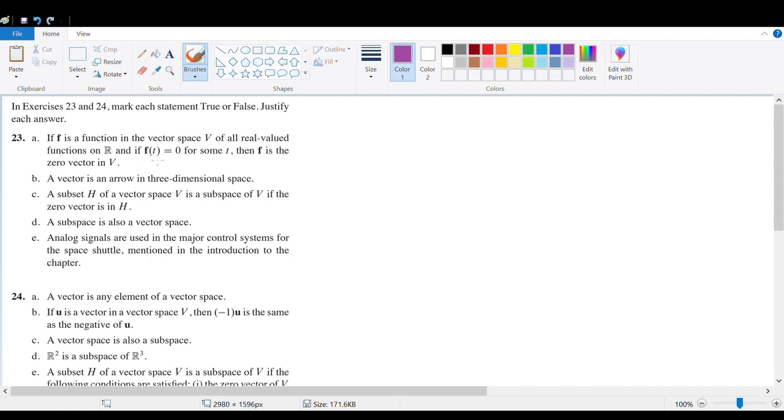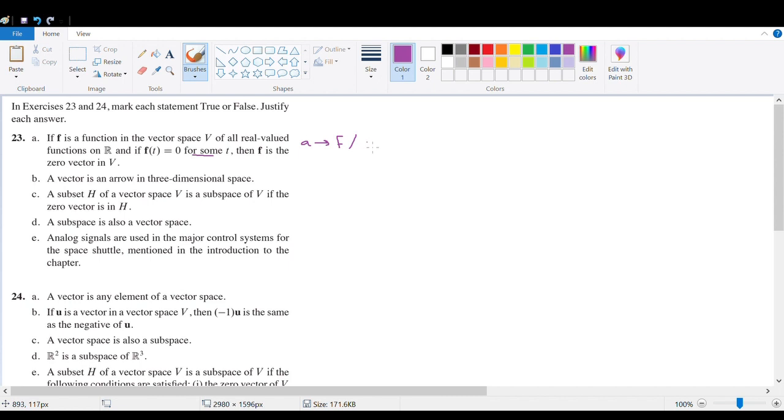It is true that f(t) is equal to 0 for some t, but for the zero vector in V, the function f whose values f(t) are 0 should be 0 for all t in R, not for some t. So A is false.